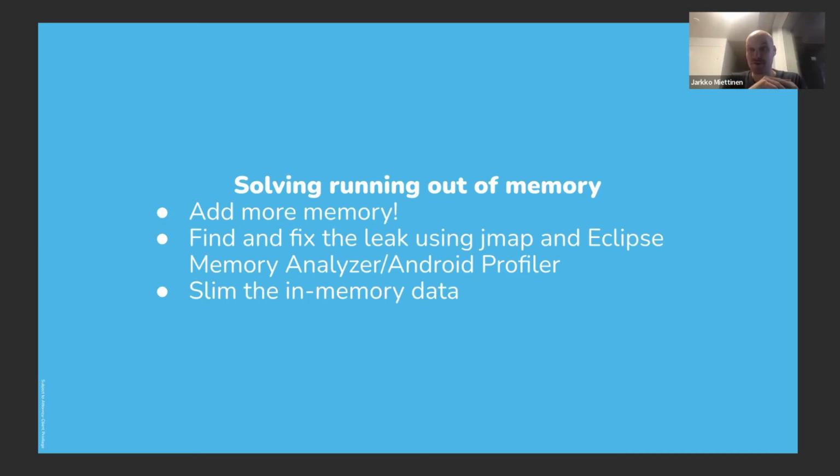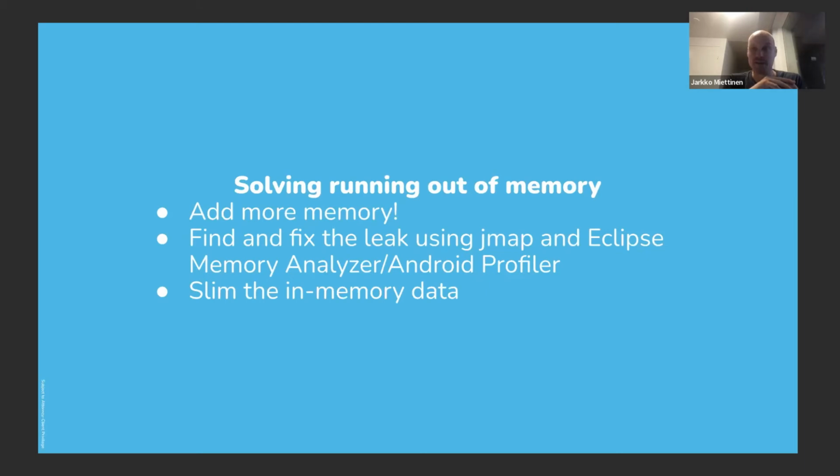This probably doesn't work if you're running on Android. You cannot just say to the users, hey, can you get a bigger phone? So in that case, and in some of the high performance computing cases, you might want to look into how to slim the data in memory.